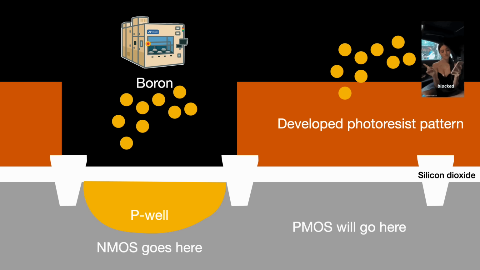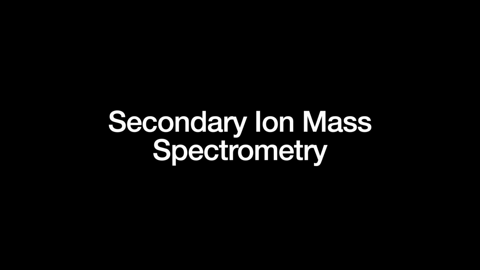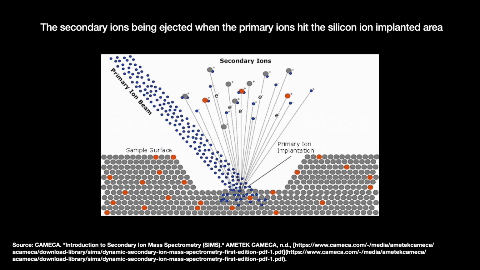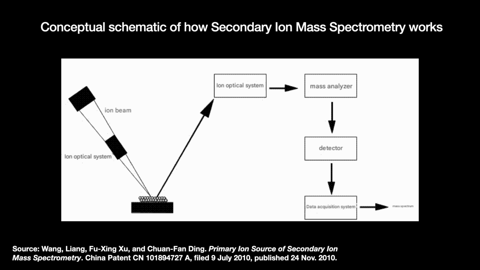The results are measured with a machine called a secondary ion mass spectrometry, or SIMS. It bombards the wafer surface with a beam of what are called primary ions. The bombardment causes secondary ions to fly off like chips. The mass spectrometer collects the ions and counts the proportion to verify whether the right proportion of boron ions is embedded inside the silicon.